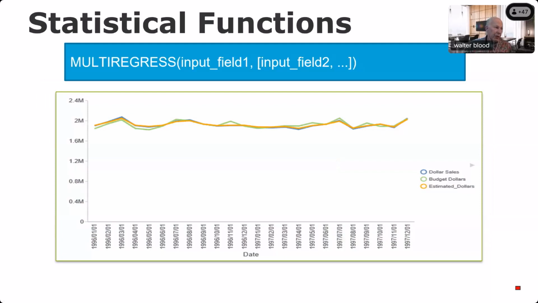And we actually can do that. This is calculated. We can see there's a line. We're generating an equation for dollar sales, an equation for budget dollar sales, and an equation for estimated dollar sales. These are all very tightly grouped together, simply because the data values we're looking at are grouped together.